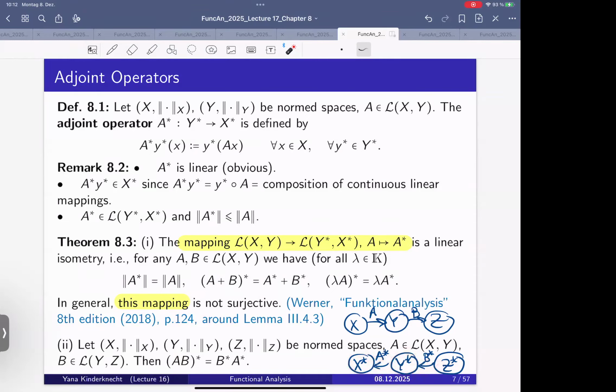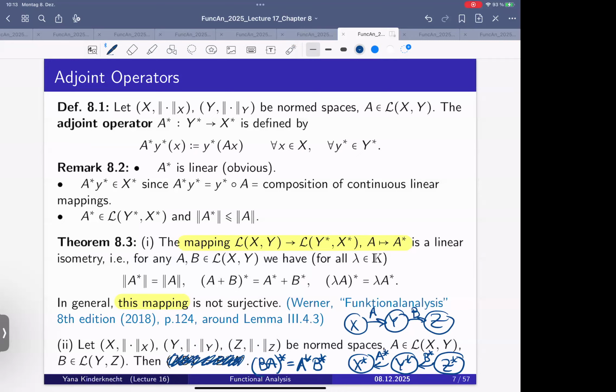So let me correct like this: (BA)* is A*B*. Am I correct? Yes, it's BA, not AB. It was a typo. So pictures sometimes help to find typos.